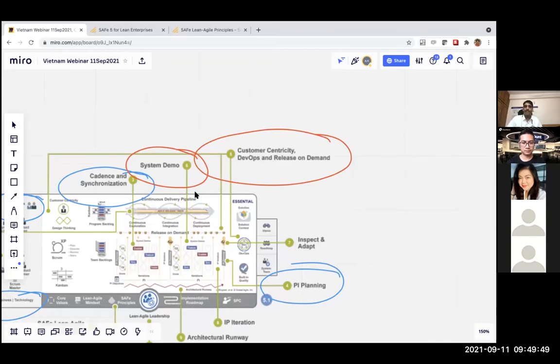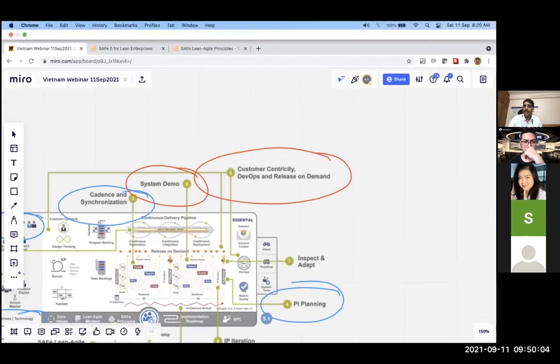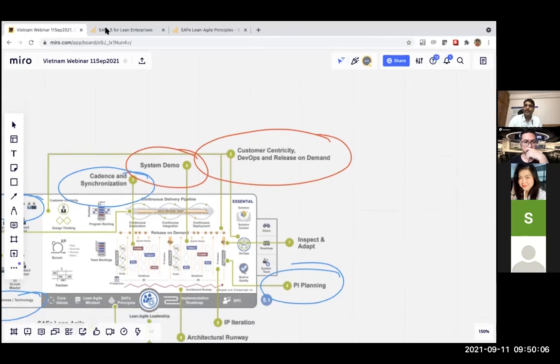Any thoughts on the system demo or customer centricity? Noah has asked: can we share the product increments that are going to be delivered as a system demo, so that you show them what is going to come into the system?